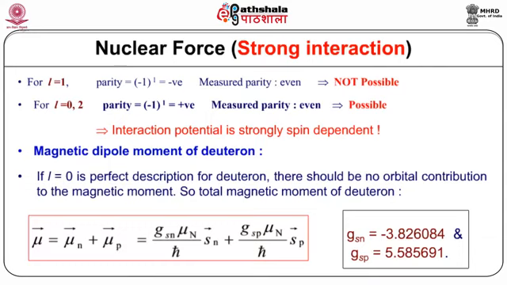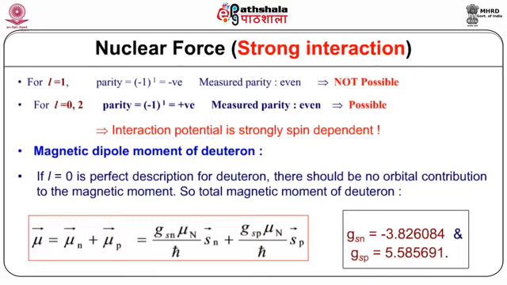So in that case, the total magnetic moment of the deuteron is mu = mu n + mu p, which equals g_sn mu_N over h bar times Sn plus g_sp mu_N over h bar times Sp. That means if the deuteron ground state has L = 0, the net magnetic moment will be equal to the sum of the spin components of the neutron and proton only.